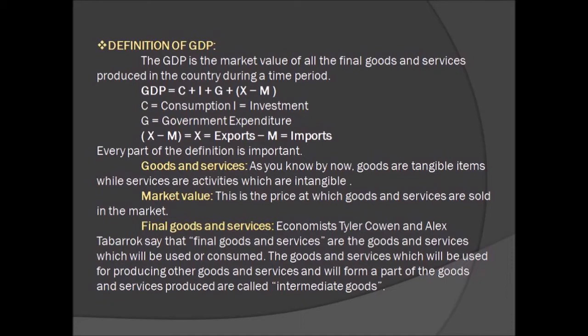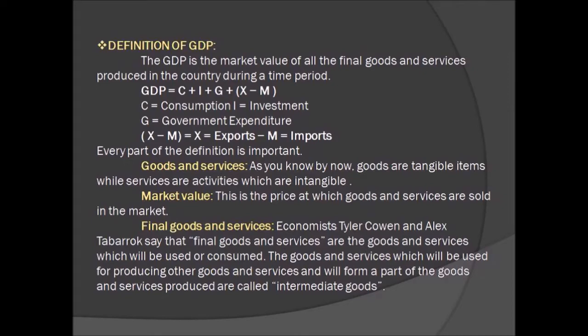And here are three terms in order to understand the GDP more clearly. Goods and services. As we have already studied earlier, goods are tangible items while services are intangible activities. Next is market value. Market value is the price at which the goods and services are sold in the market. That is, it is the final price of the goods and services which are sold in the market.